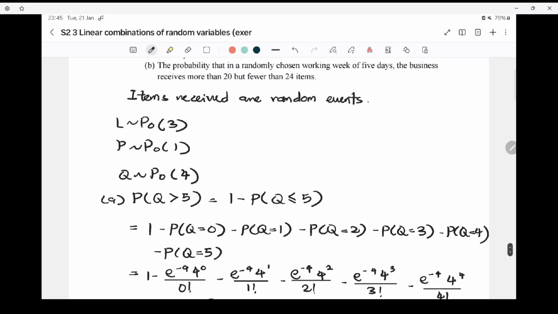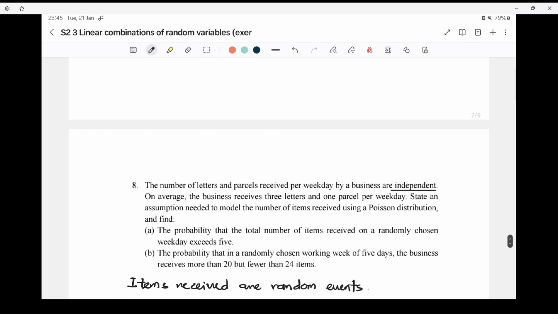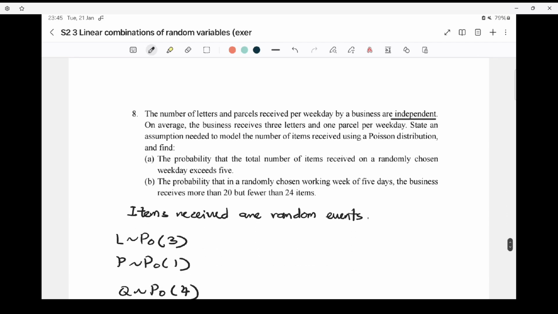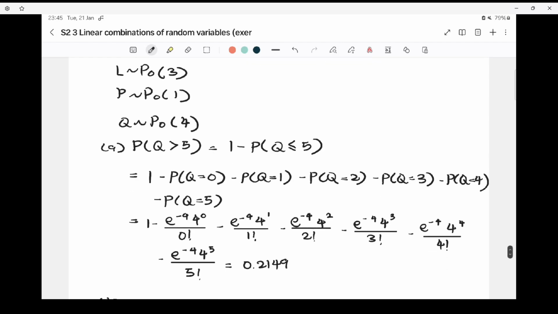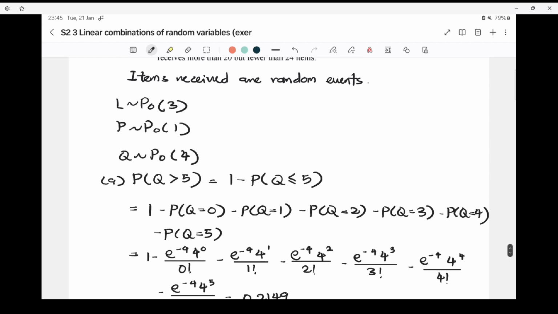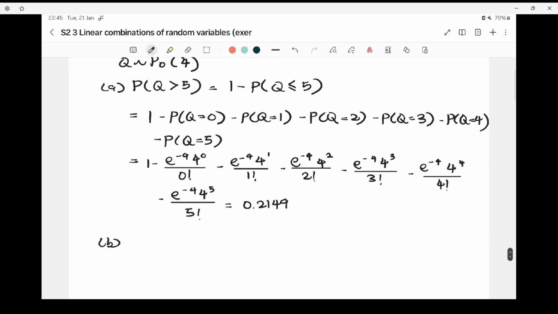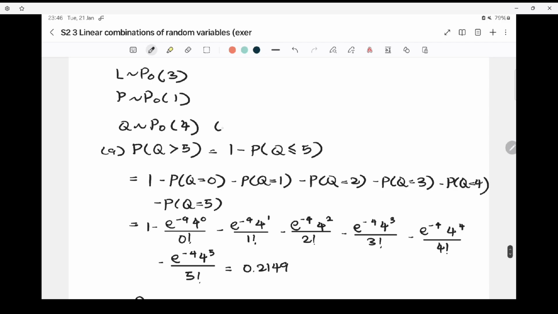Part B. Find the probability that in a randomly chosen working week of 5 days, the business receives more than 20 but fewer than 24 items. The first Poisson distribution is per weekday, meaning it is 1 day. Now you need to find 5 days. So let's define another Poisson distribution called R, where Q is for 1 day.